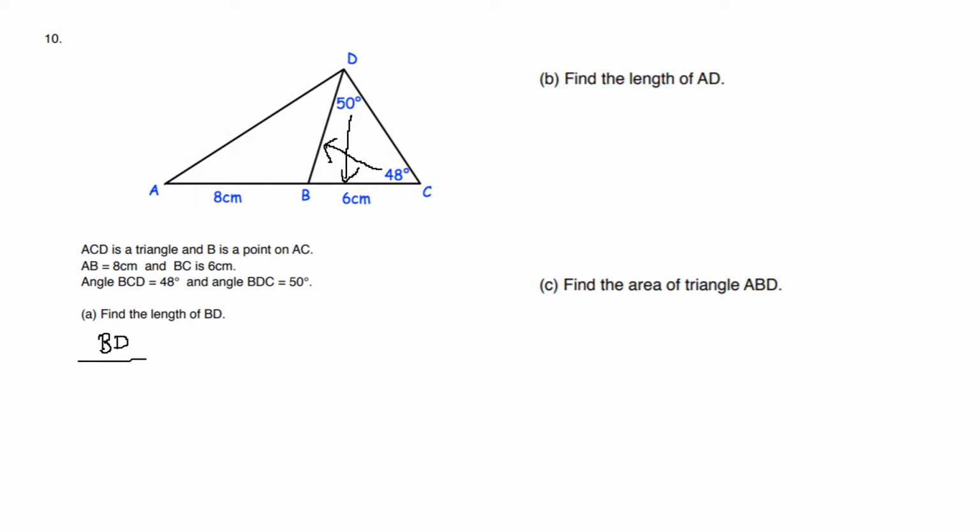BD over sine 48 degrees, because 48 degrees is the angle opposite BD, will be equal to 6 over sine 50 degrees. And then rearranging that, I'm going to get that BD will be equal to 6 times sine 48 degrees all over sine 50 degrees.